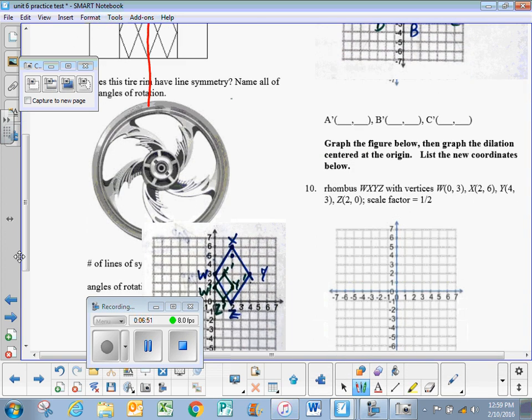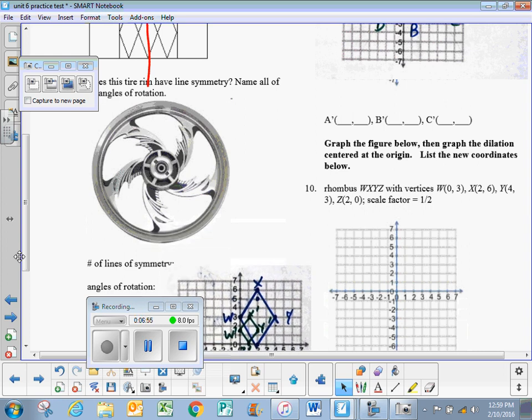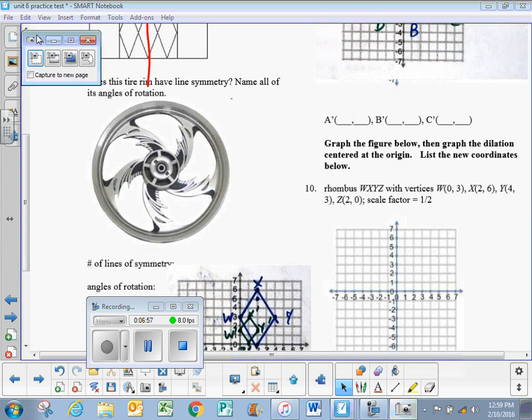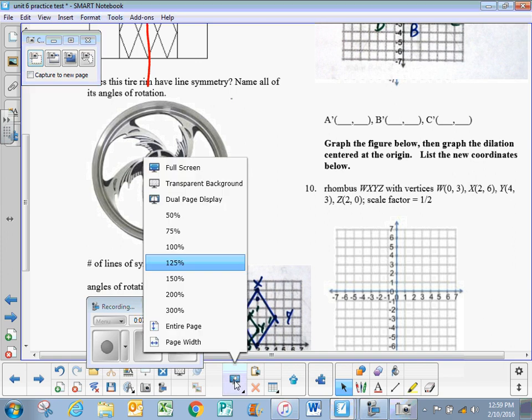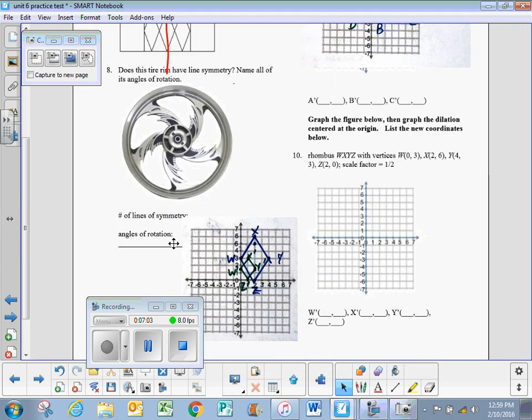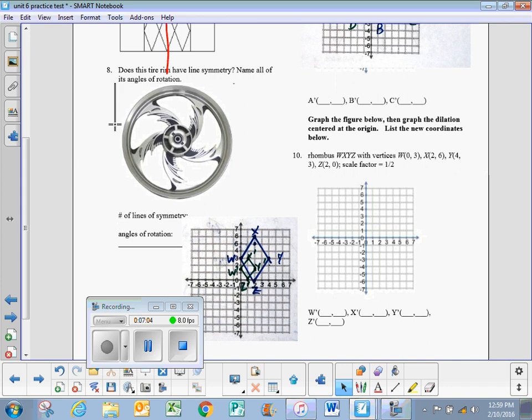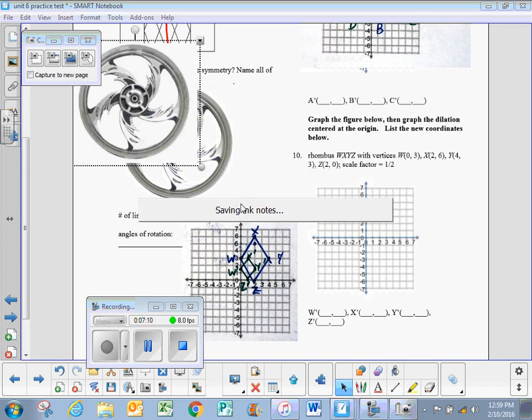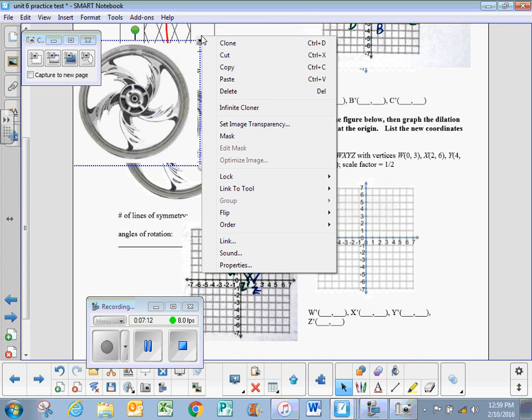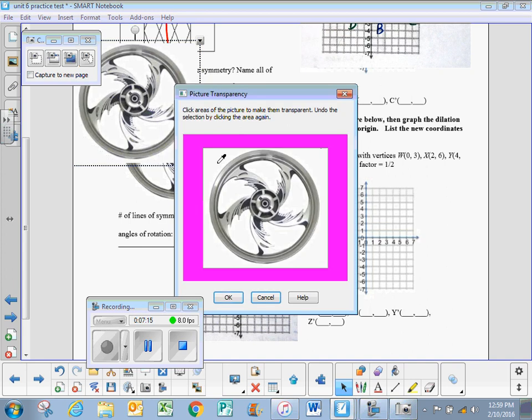Number 8. Number 8 is a cool problem, similar to the one we had on the assignment in class, or the quiz. Actually, it is the quiz. So if I take a picture of this, I'm going to zoom out so it's the same size, and I'm going to set the image transparency.